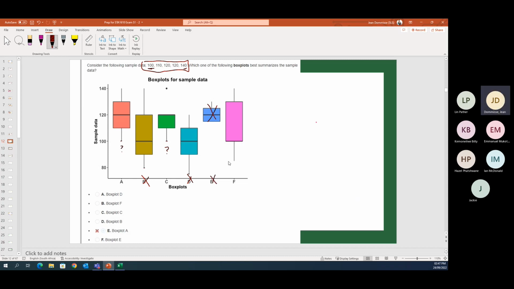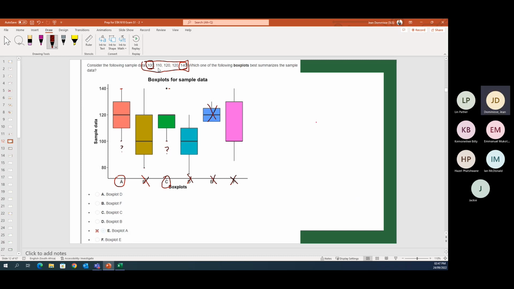Minimum of 100, that's definitely smaller. Okay, so now we sit with two options that we need to look at. Let's look at the maximum value. Maximum looks like 140 there. Maximum looks like 140 there. So at the moment, still nothing that distinguished between them.